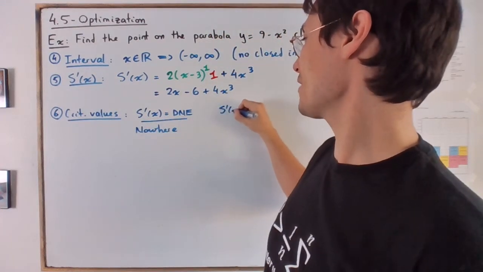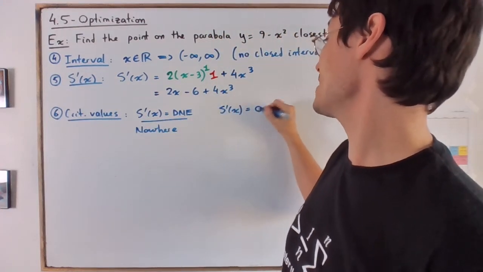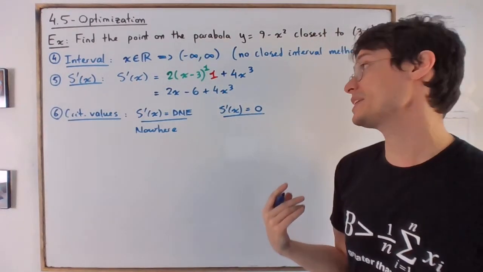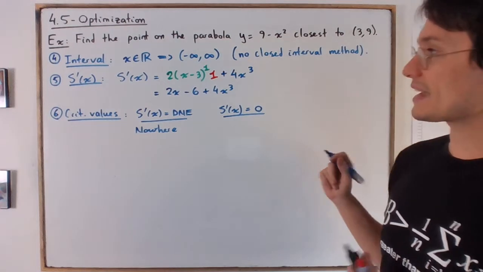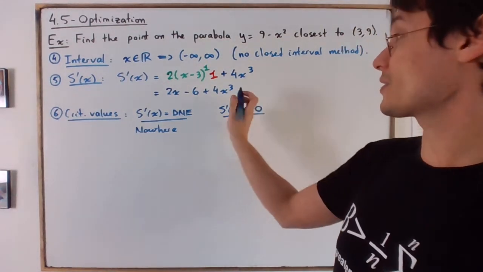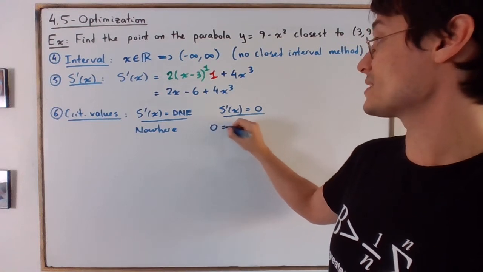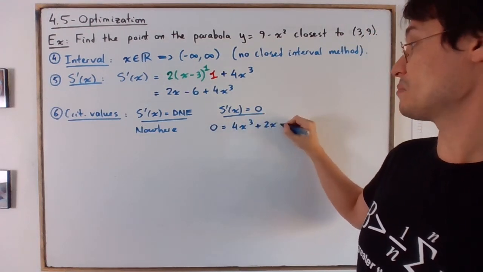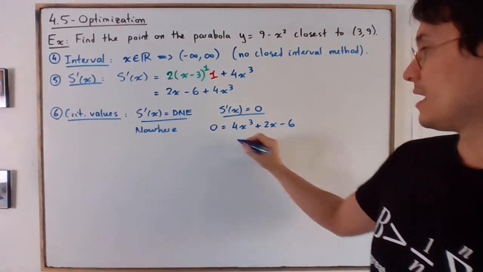And now, are there values for which S prime of x is equal to 0? Now, I'm a little bit scared because this is a cubic, so I don't see any kind of way to solve it in general. But let's try, okay? Let's actually set 0 equal to this, then plus 2x minus 6.